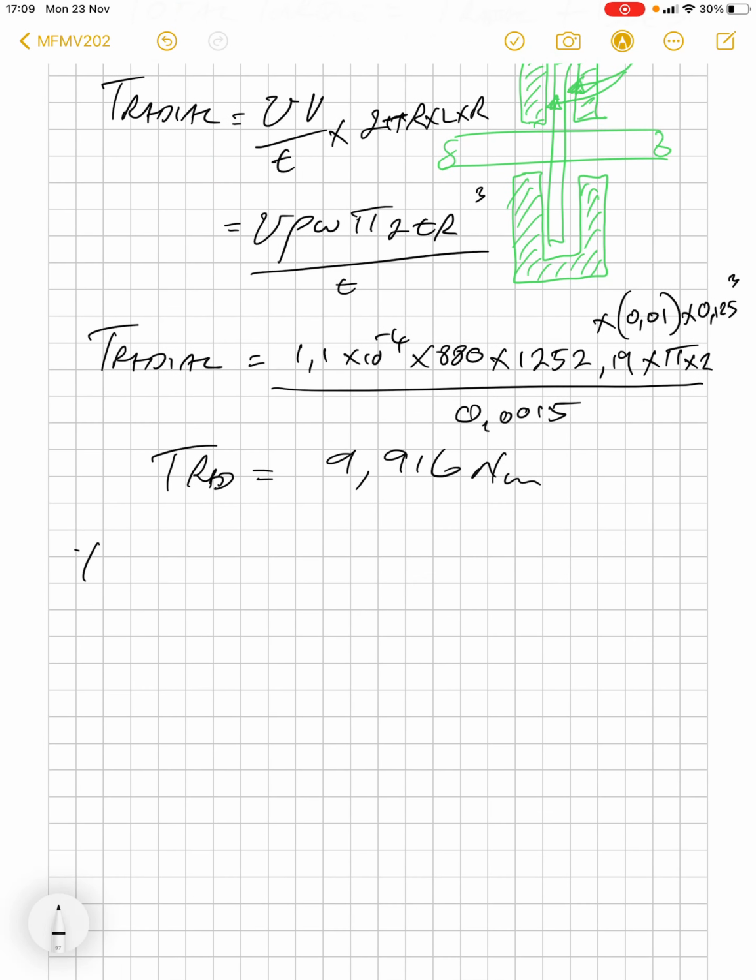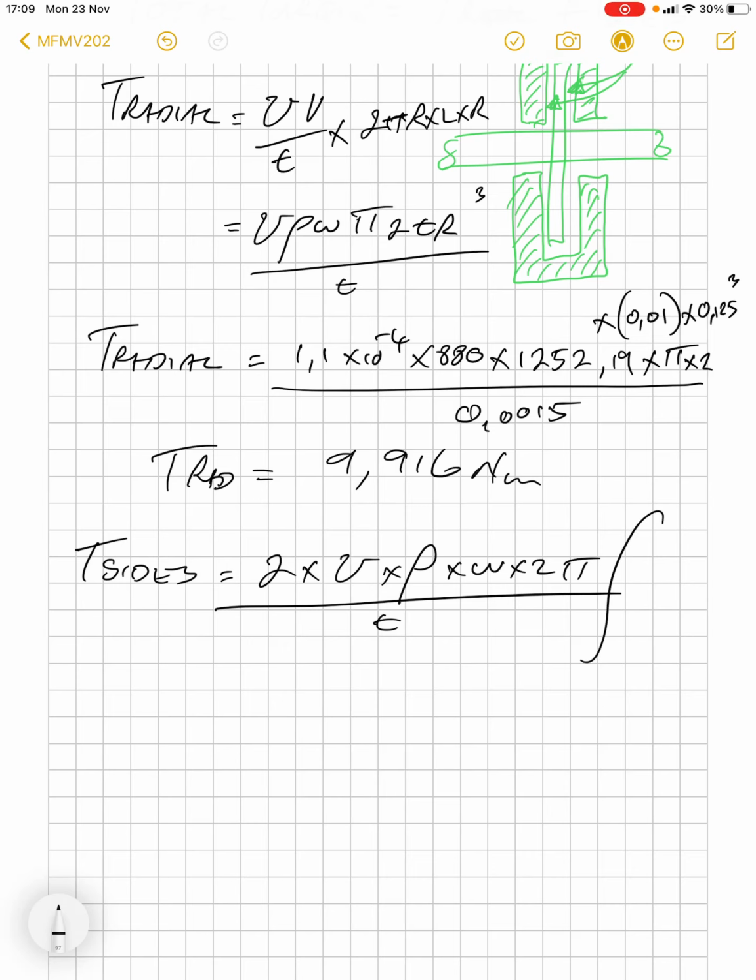Alright, on the sides, torque on the sides is 2 times nu times rho density omega 2 pi over t times the integral of r cubed dr between r1 and r2.